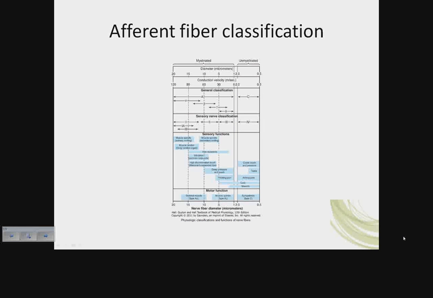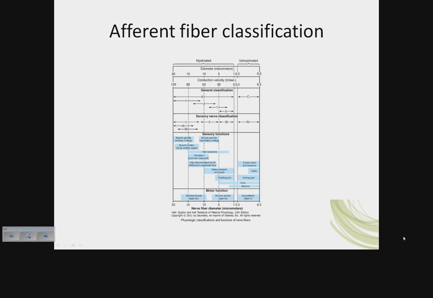Large fibers, very fast. You know when you're touching something very quickly. Now your deep pressure, like your Ruffini's, that's going to be your A gamma fibers. They're going to be smaller and a little slower. But now look at your A delta.